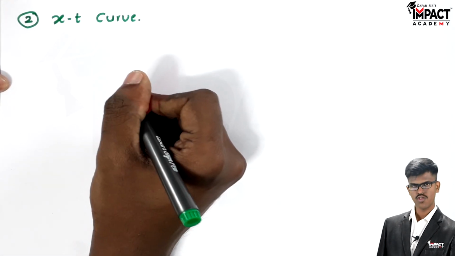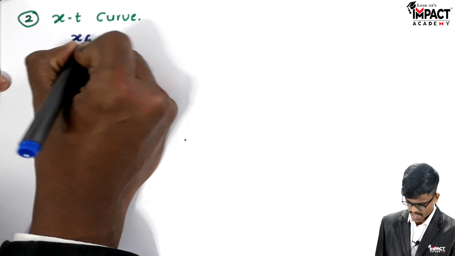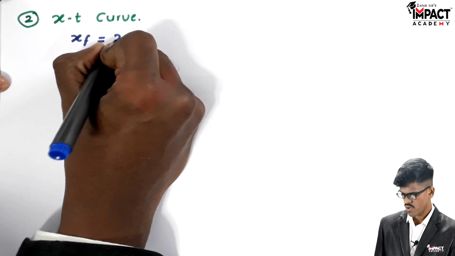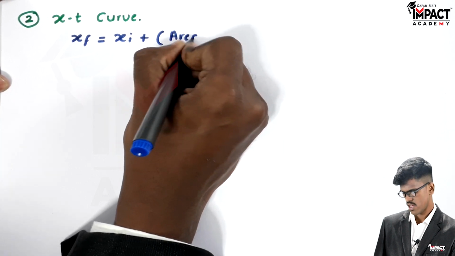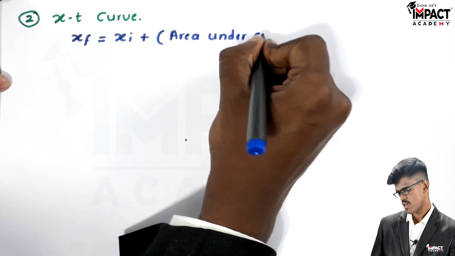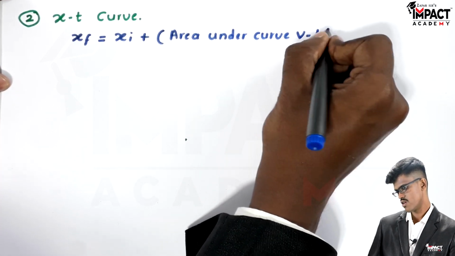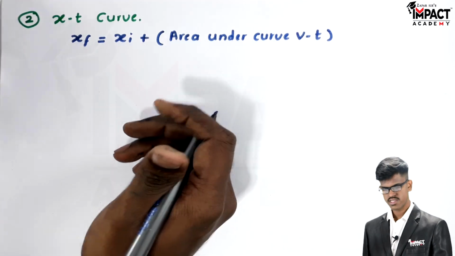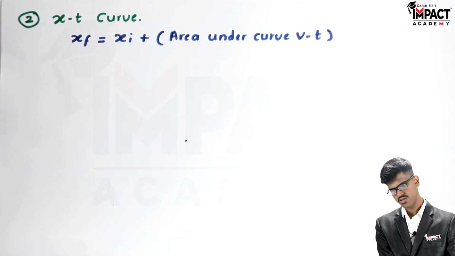Okay, we know the formula, that is xf is equal to xi plus area under the curve v-t. Okay, let's find out the position at each point.